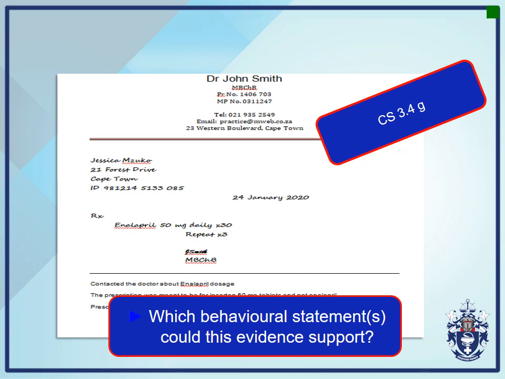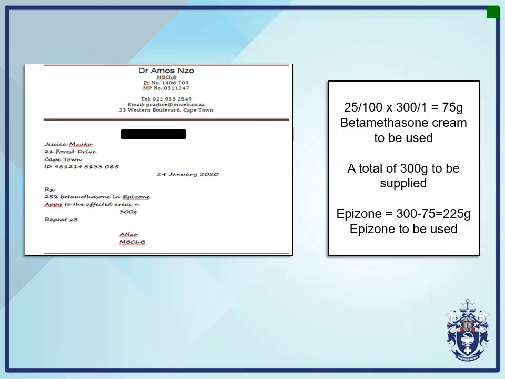So when you are providing evidence such as this, you must be able to say this evidence is 3.4G because it links to that particular behavioral statement. So again, annotation is purely to guide the assessor or the moderator to explain what your story is.